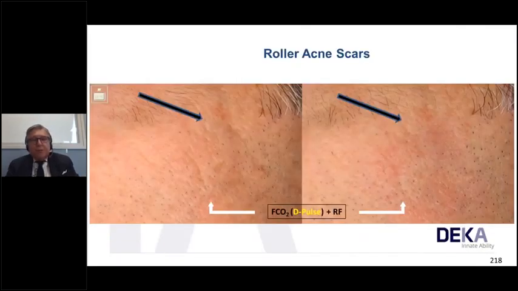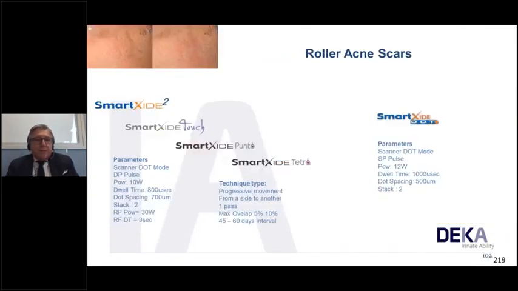We can treat the rolling acne scars with these parameters. You see on the left, the new parameters with the new platform, DP Pulse as usual, power 10, dwell time 800 microseconds, dot spacing at 700 microns, stack 2, radiofrequency 30 watts, and dwell time 3 seconds.